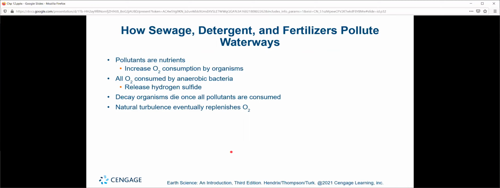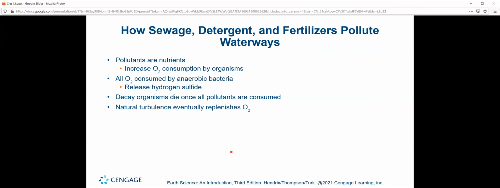The decay of these organisms die as the pollutants are consumed, and you have a natural turbulence that tries to replenish the O2 amount. What you have is a natural stability of the waterway, and then you throw a wrench in that stability, throw it all off kilter. The waterway will eventually return, yes, but at what time and how is that going to affect the people around it?